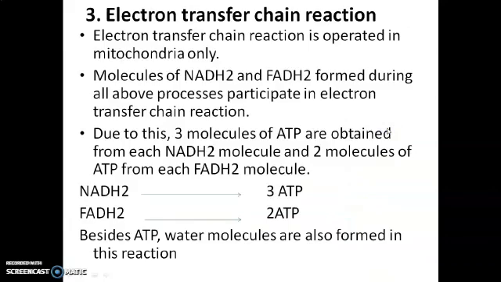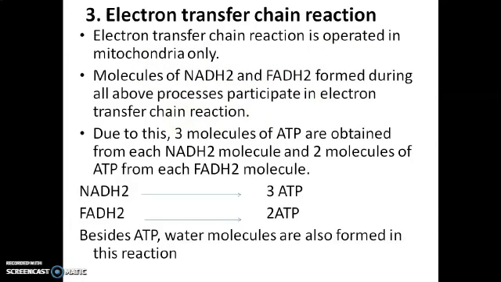Now we go to the last step, that is the electron transfer chain reaction. This electron transfer chain reaction is also operated in the mitochondria only. As the molecules of NADH2 and FADH2 are formed, they participate in the electron transfer chain reaction, and it is also a chain reaction.